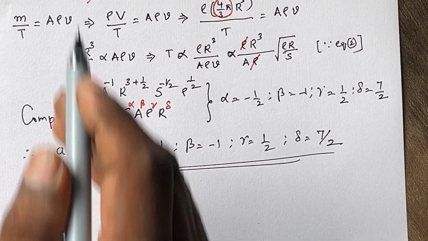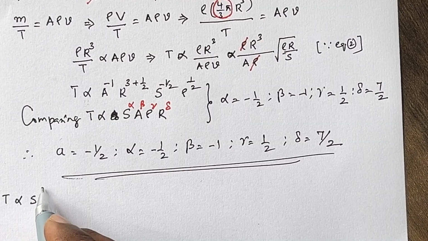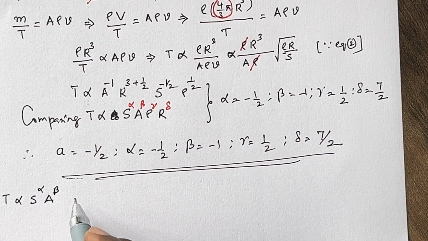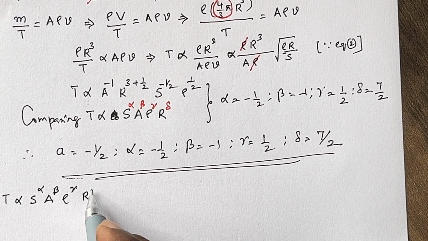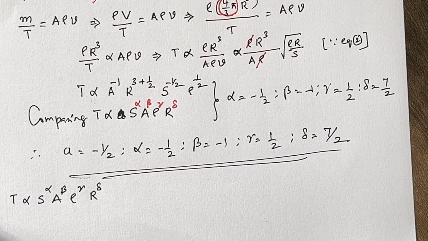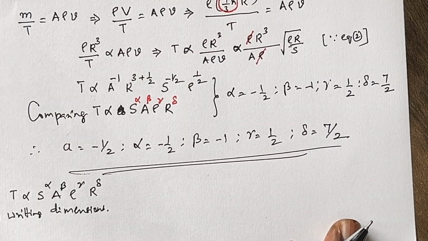See, T proportional to S power alpha, A power beta, rho power gamma, R power rho. This is given. So using dimensions, let us write dimensions.